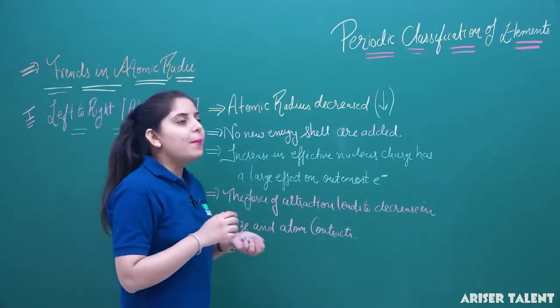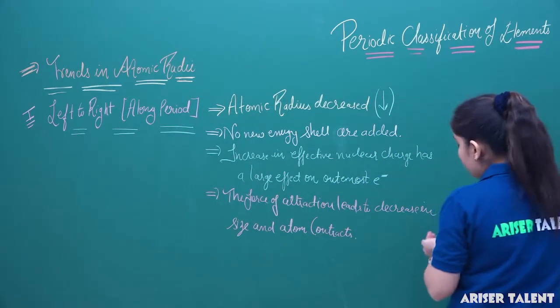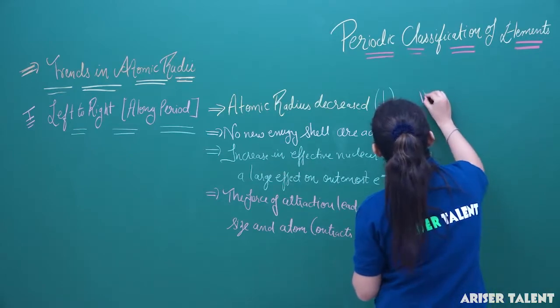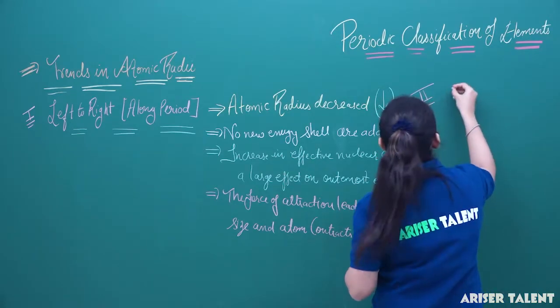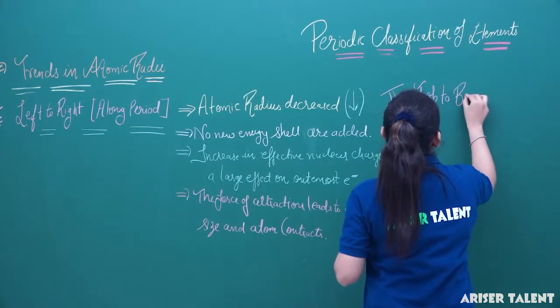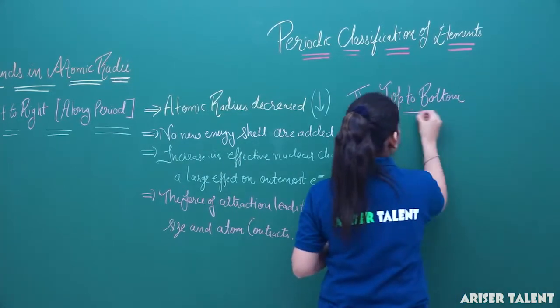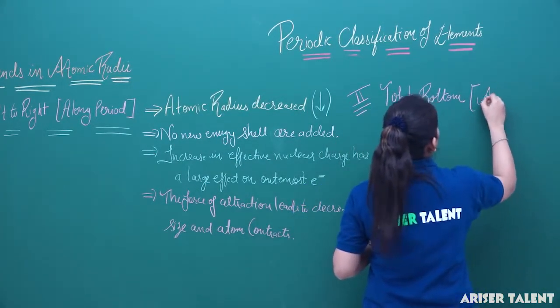Now what will happen if we are going from top to bottom in the periodic table? So let's see. After left to right, we are considering top to bottom. Top to bottom means along a group.